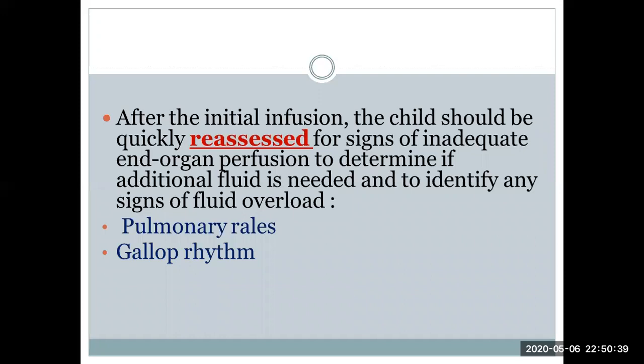If the patient needs a second bolus, before you give it, take a minute just to auscultate the heart and the chest for pulmonary rales and gallop. Honestly, it's not usually seen unless in a cardiac patient, and you missed that the patient is cardiac from the first place and you started to give large amounts of fluids.